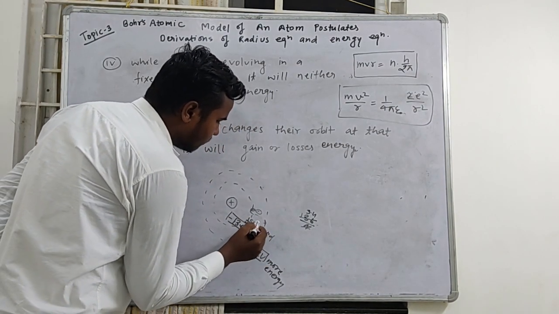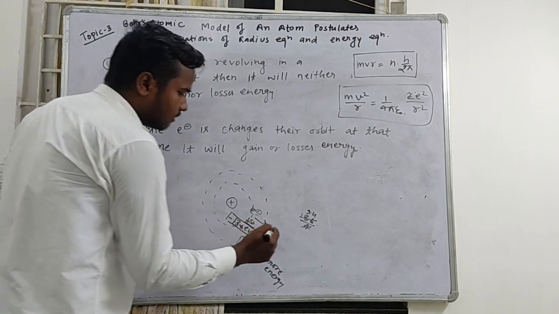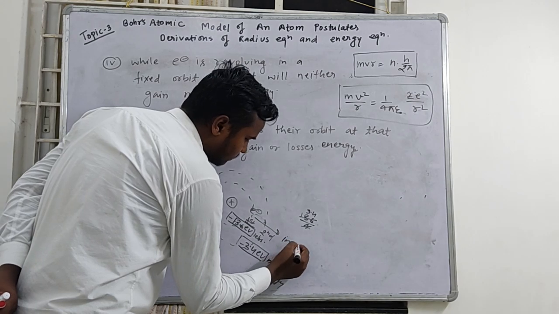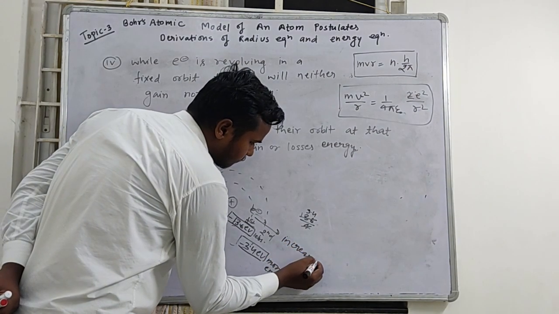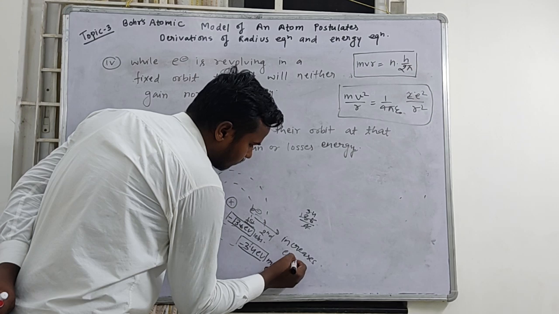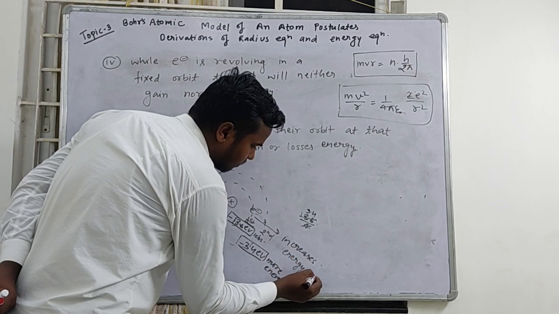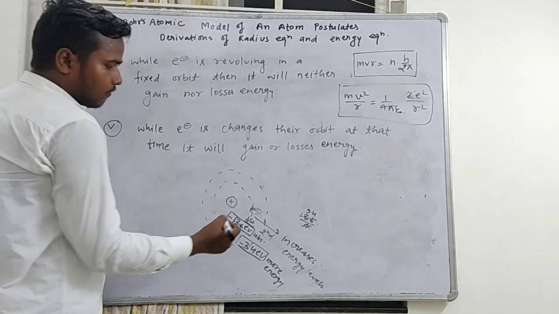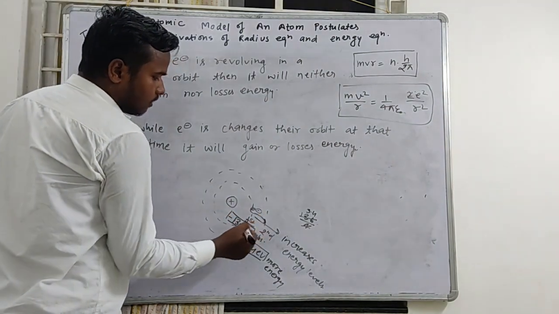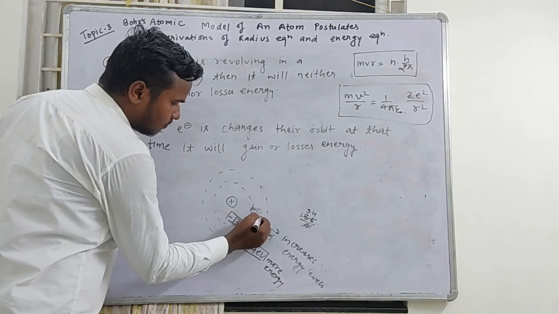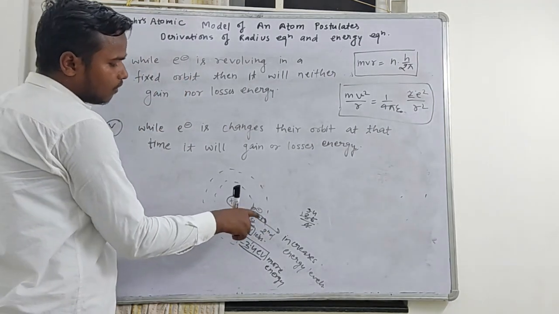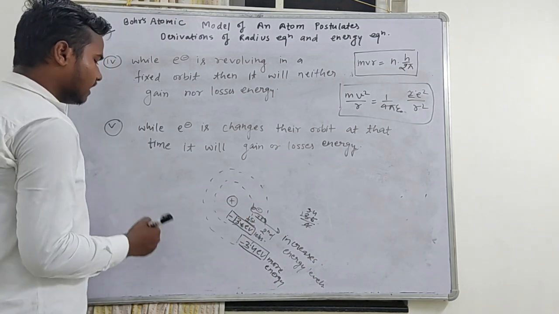Means if it goes here, then the energy level will increase. Means we have to give some energy for the electron moving from the first orbit to the second orbit.